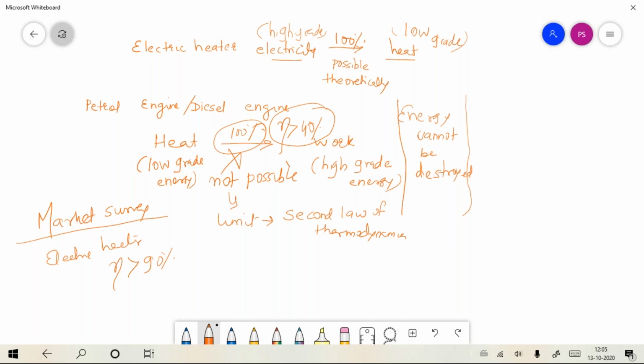We know from common sense and from practice that something is being destroyed, but that something cannot be called energy. That is the reason we need to define a term called exergy, which gives us a better idea of what is being destroyed and what is to be conserved. What is being destroyed is exergy. What is to be conserved is the work potential, the exergy.